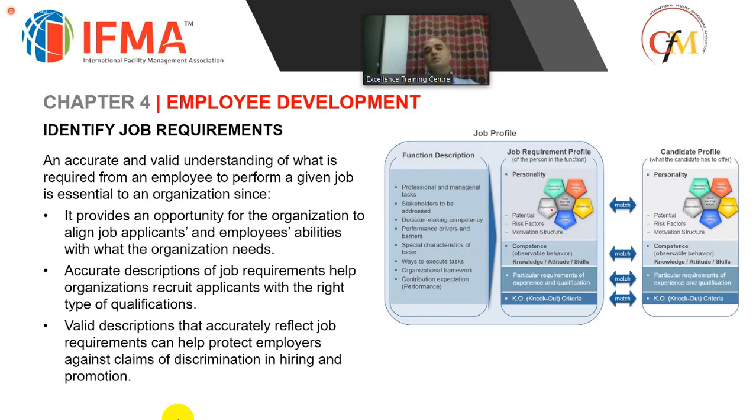One of the tools that's used, and I'm sure you're all familiar with this, is identifying job requirements. So you as a hiring manager, as a facility manager, you need to know what kind of people you want. Again, I go back to my introduction. We are individuals. We are not all equal. That's why there is human resources who do the hiring, because it's not like picking something from a catalog.